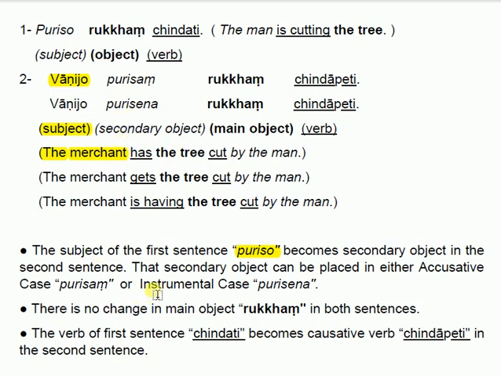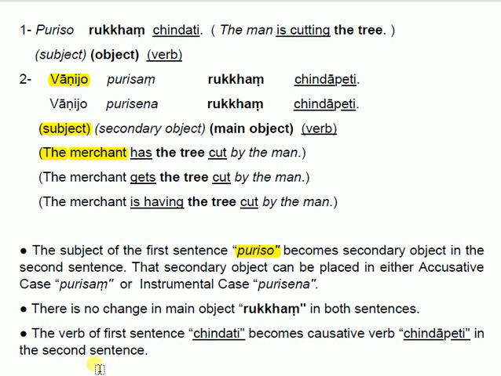Then that secondary object can be placed in either accusative case, Purisang, or instrumental case, Purisena. And there is no change in the main object, Rukkang, the tree. There's no change in both sentences.